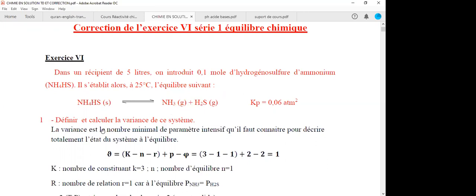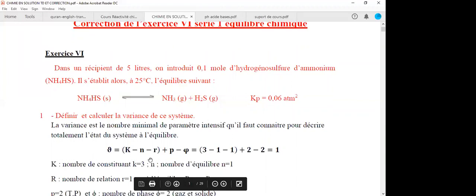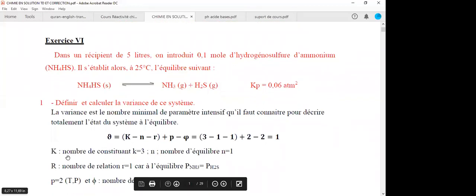So définir et calculer la variance. You know the definition of the variance already. The variance is given by C plus P minus the number of phases, where C is given by K minus N minus R. K is the number de constituants: we have 1, 2, 3, so K is equal to 3.